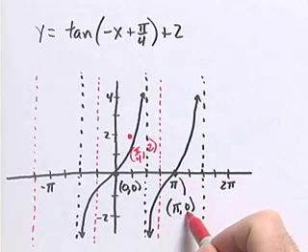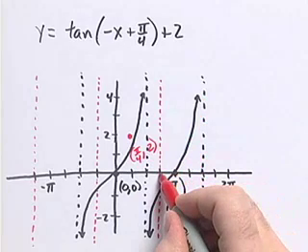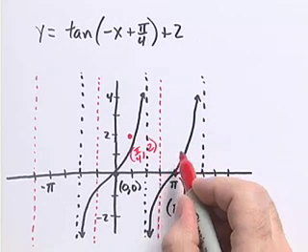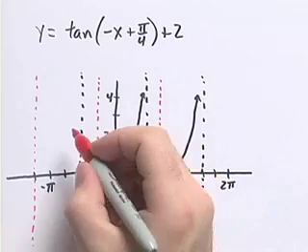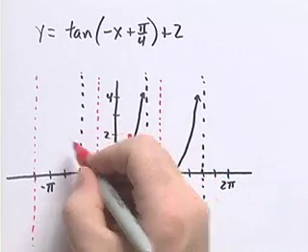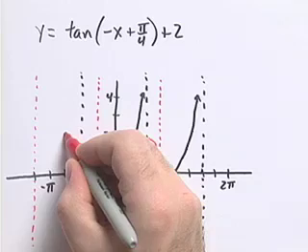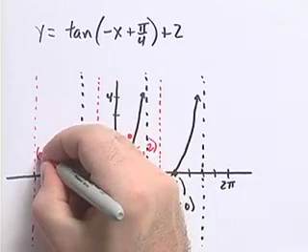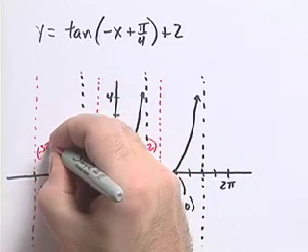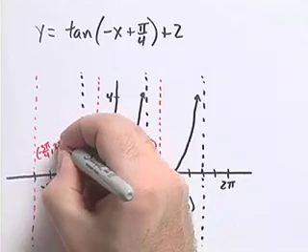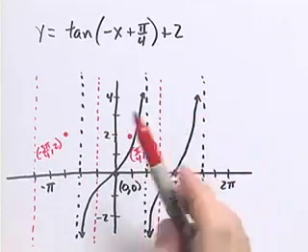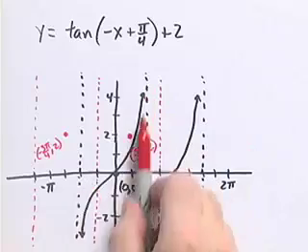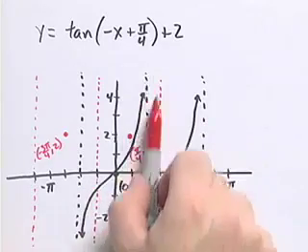Our second point, pi, 0, we shift left pi over 4 units, reflect around the y-axis, go up 2 units, and that puts us right about there. And that is negative 3 pi over 4, 2. Now we need to sketch the curve. We need to remember that we want to get this shape. The tangent is increasing.